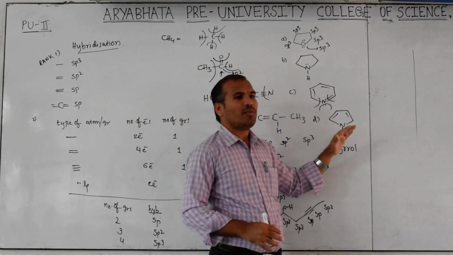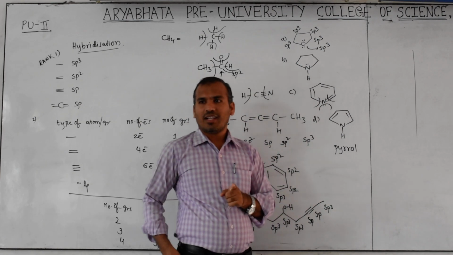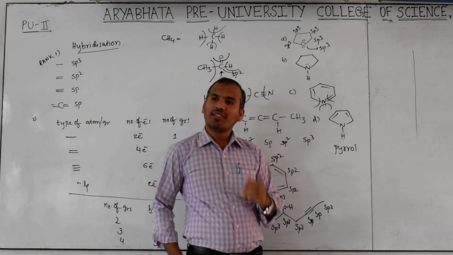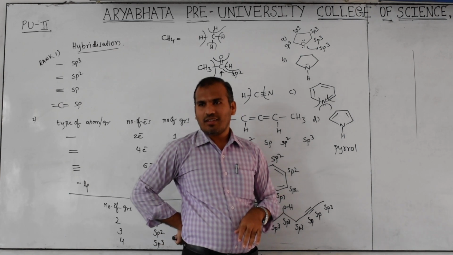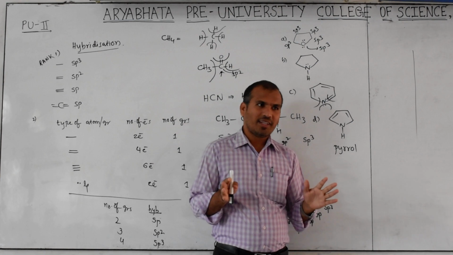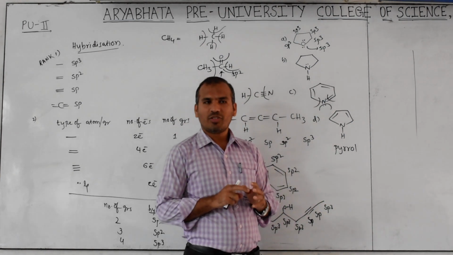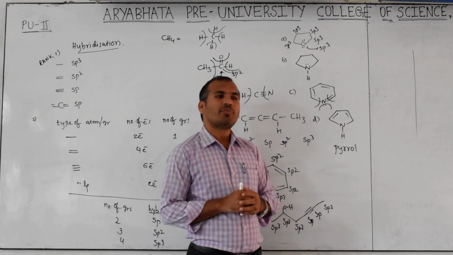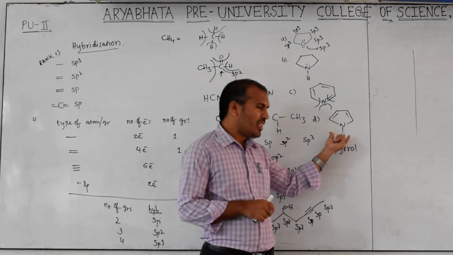But you should know aromaticity from first year. Aromaticity means what? The molecule should be cyclic, it should be in conjugation, and it should follow the 4n+2 pi electron rule. So actually it is aromatic.